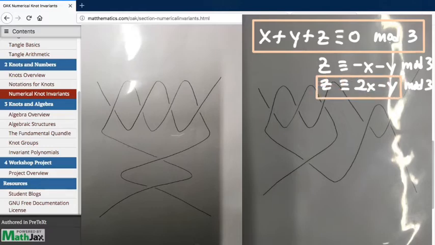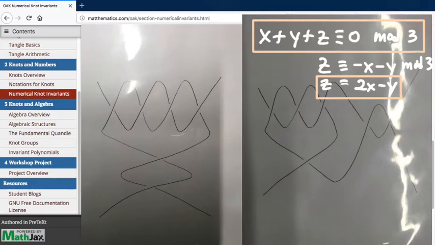If I just remove the mod 3 requirement, and I turn this congruent sign into an equal sign, this is going to give us a rule for coming up with a coloration for a tangle, which if we can then close up the tangle and reduce everything mod 3, then I'm going to get a 3 coloration that satisfies this equation at every crossing. But in the meantime, we have more integers to work with, infinitely many of them, and so maybe we can use that as a way to start coloring tangles.